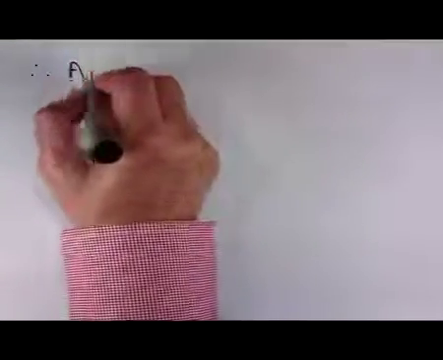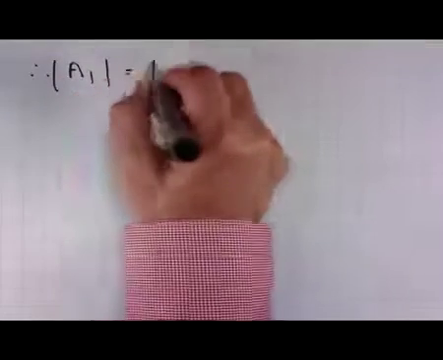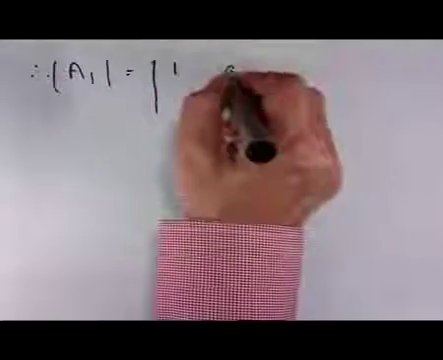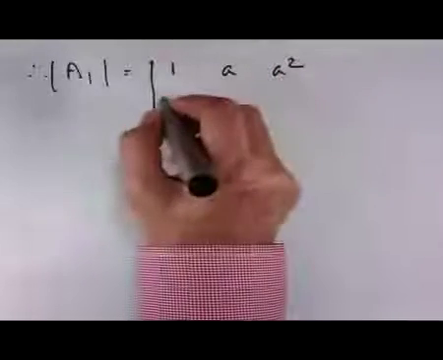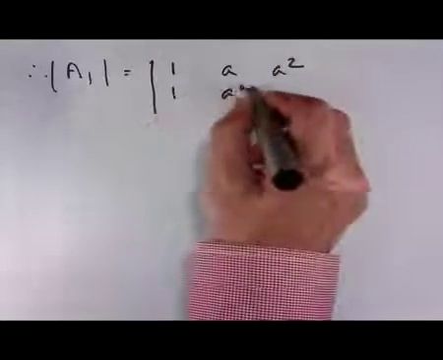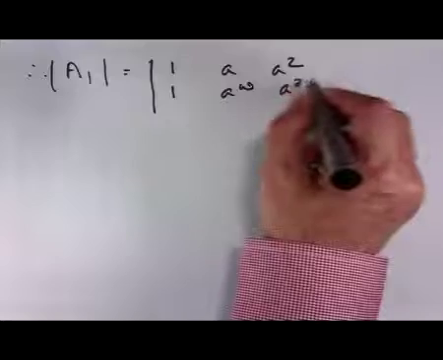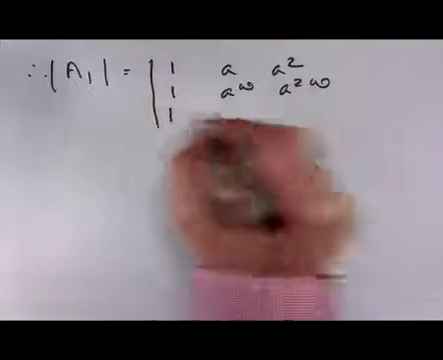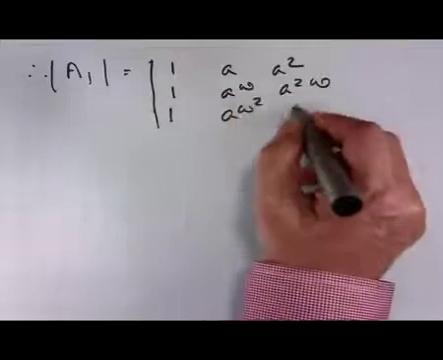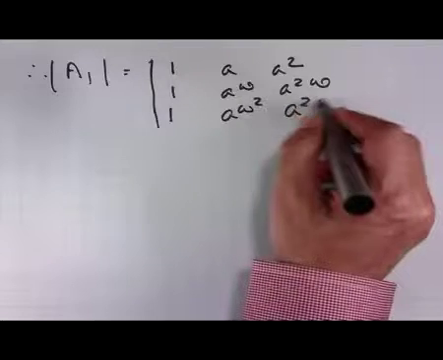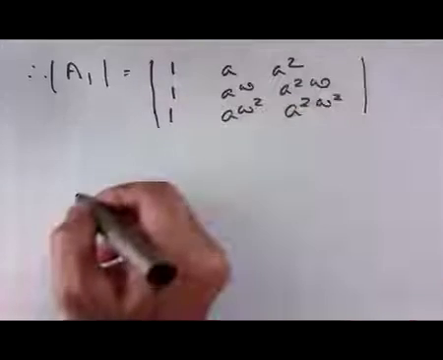the determinant of A 1 is equal to the determinant of 1, A, A square; 1, A to the power omega, A to the power 2 omega; 1, A to the power omega square, A to the power 2 omega square.